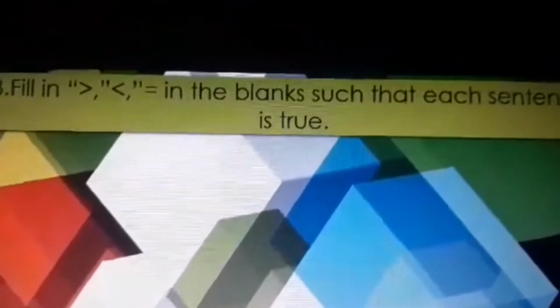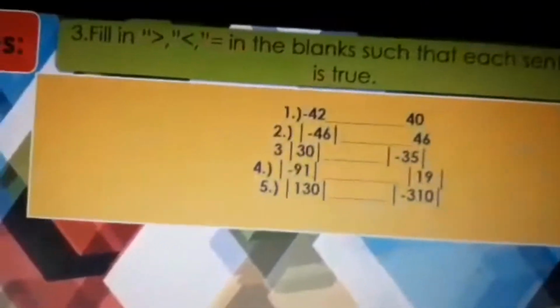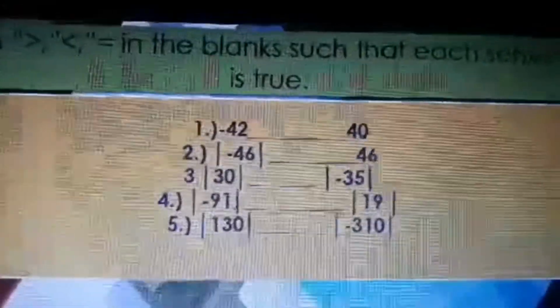Other exercises. We proceed to exercise number 3. Fill in the symbol for greater than, less than, and equal to in the blank such that each sentence is true. Number 1, negative 42 blank 40. Number 2, the absolute value of negative 46 blank 46.